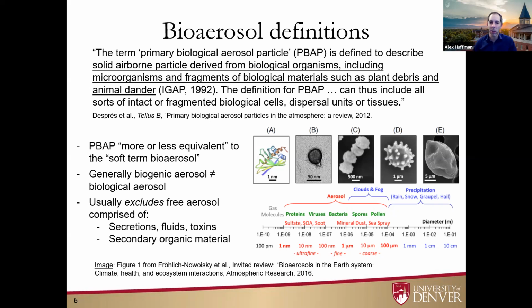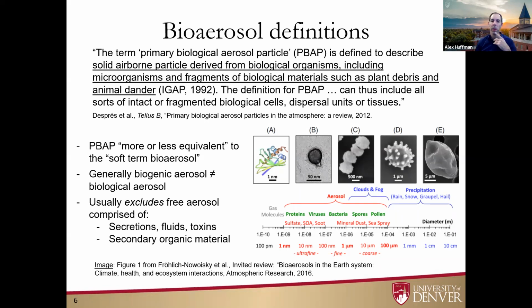And so on the lower right, you'll see simply a size continuum over however many logs. From the biological perspective, you have individual proteins that can be tens of nanometers in size.